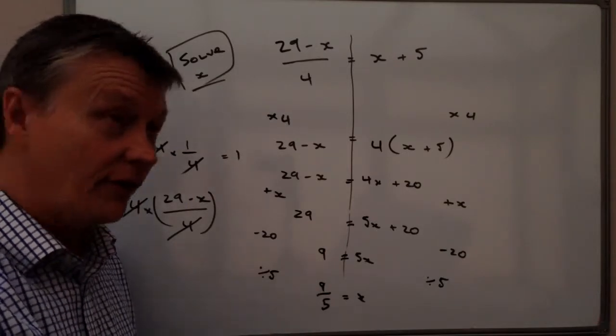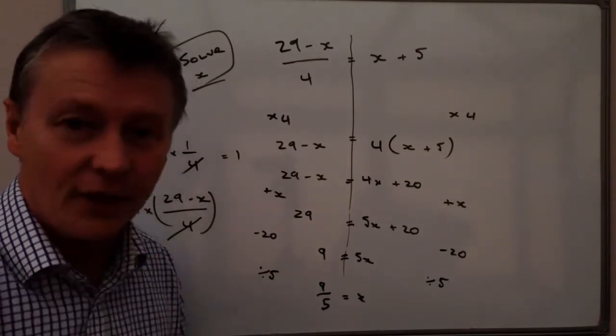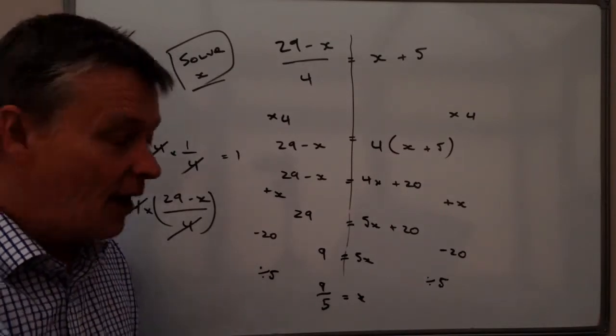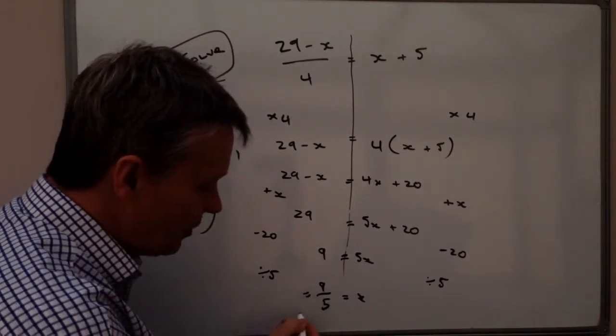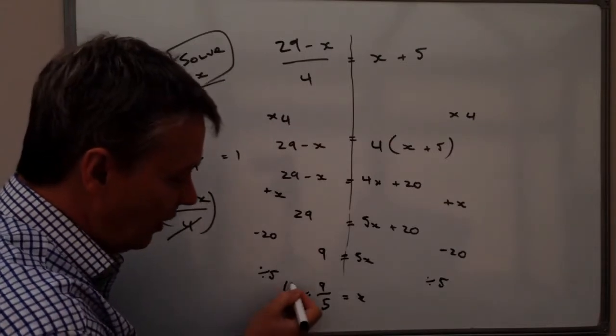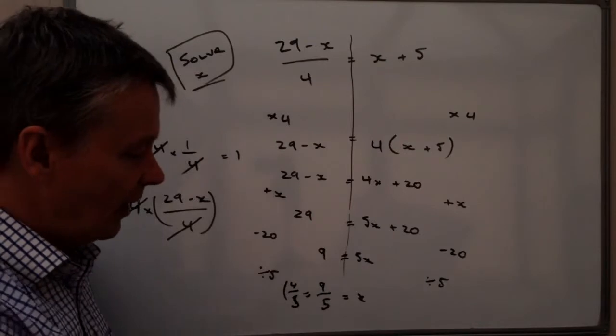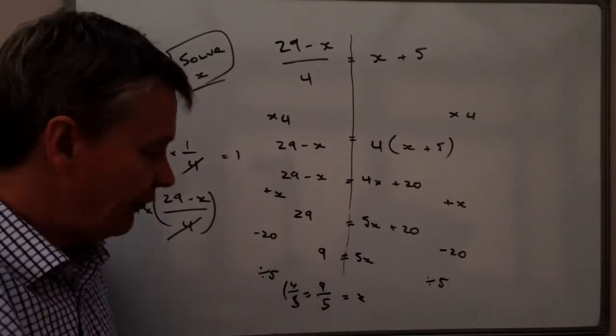Write it as a fraction. In fact, with a lot of the specification now, students are being encouraged to use fractions a lot more. But if you want to, you can change it to a mixed number, so that's 1 and 4/5. It doesn't really matter. 9 over 5 is perfectly fine.